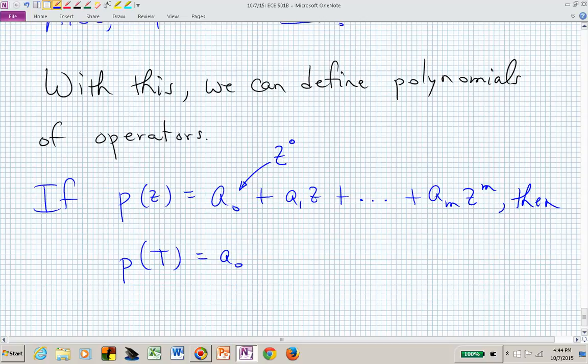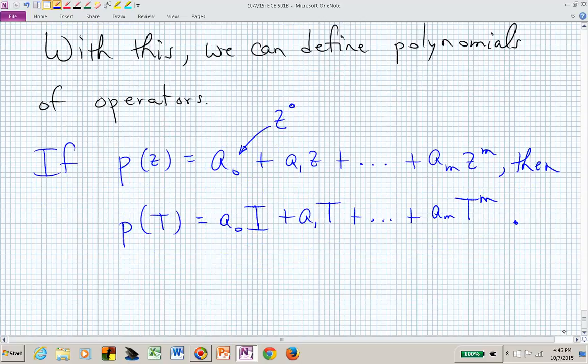Now we're replacing the z's everywhere in this polynomial with the linear map T. And we agreed that T to the 0 was the identity, so now we have a sub 0 times the identity plus a1 T, etc., plus a sub m T to the m.